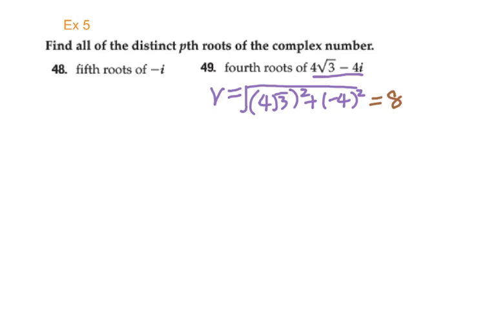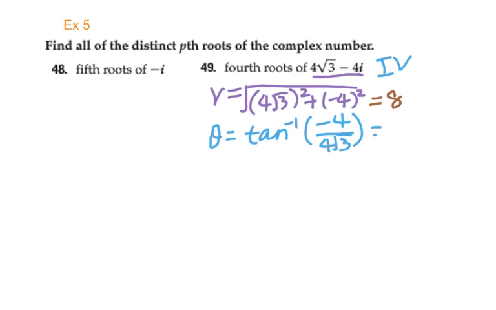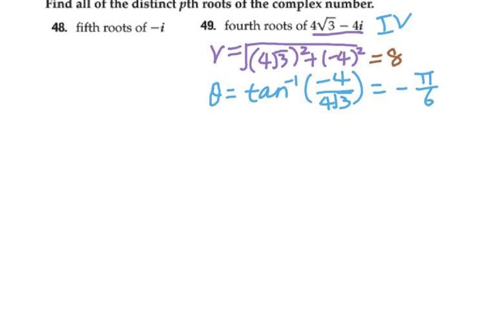So we know this will be the fourth quadrant. Therefore, theta equals inverse tangent of negative 4 over 4√3. So you will get negative pi over 6. Therefore, the polar form for this complex number will be 8 cis negative pi over 6.